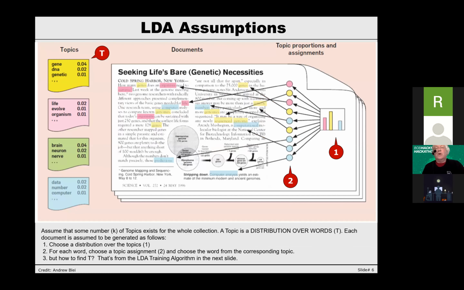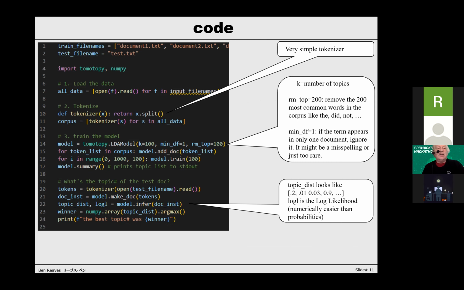It figures out what words from what topics were in that document. And line number 22 says, okay, now what topics were they? And it outputs a topic distribution.